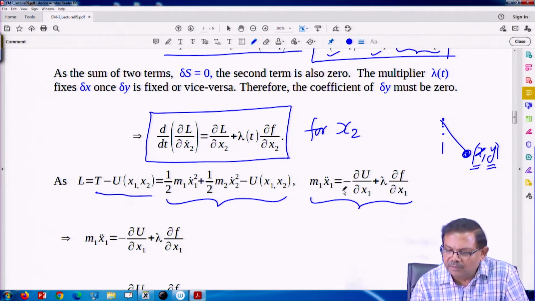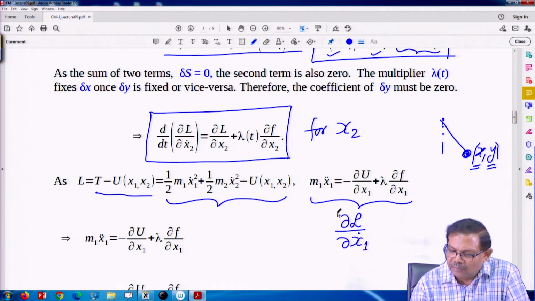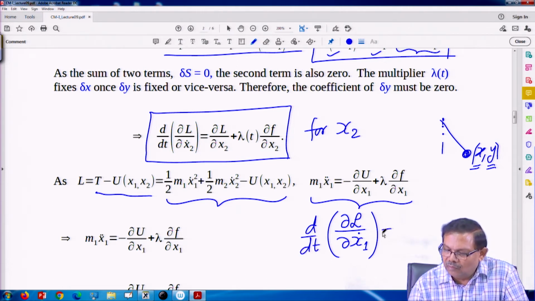So, this equation is my Lagrange's equation of motion. This comes from the standard Lagrange's equation of motion. I take the derivative with respect to x dot and d dt of that, equal to the derivative with respect to x 1.